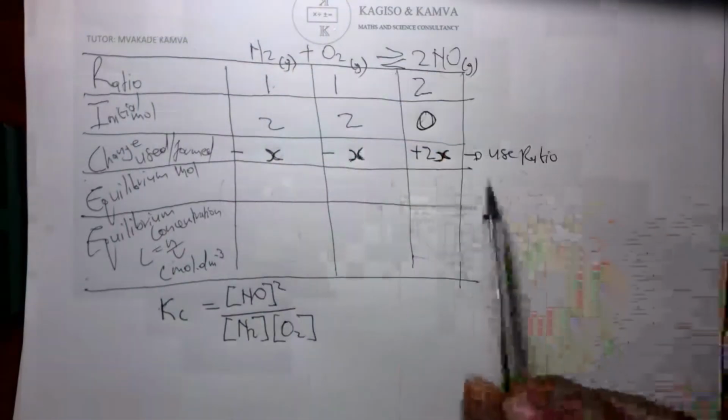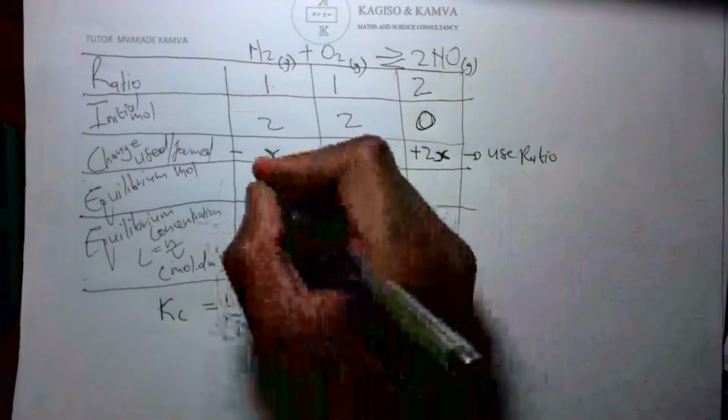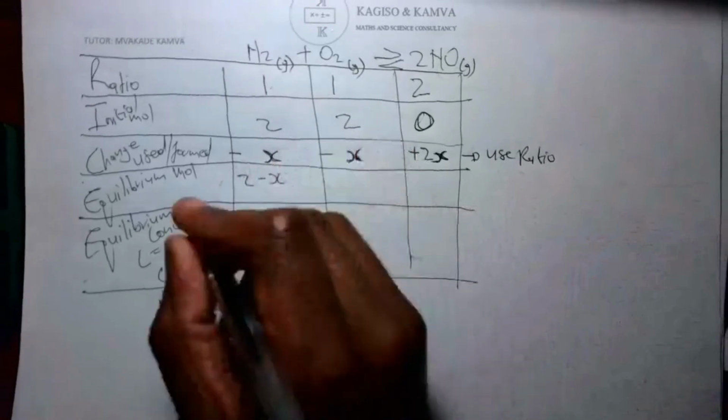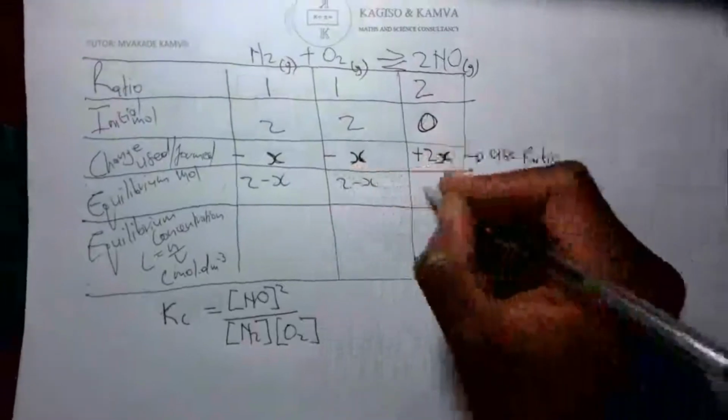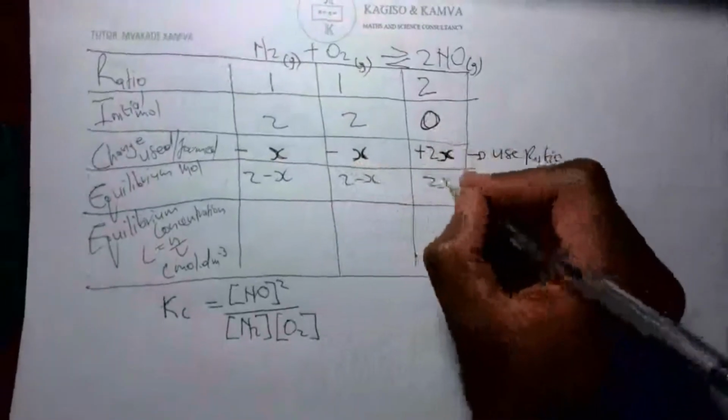We continue like that. We say 2 minus X for the equilibrium mole, and we also get 2 minus X. Here I'm going to get 0 plus 2X, which is 2X.